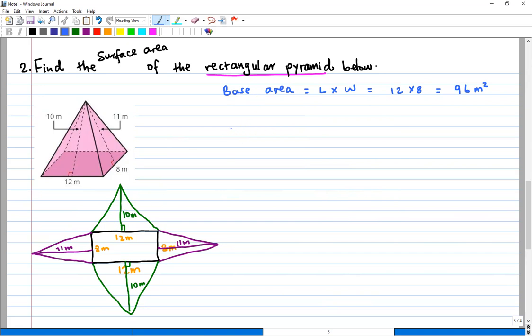The lateral area will be, because these are two opposite, the green ones, 2 times a half times the base of 12 meters and the slant height of 10. So that is for the green part. Then after that, we are going to add these ones.